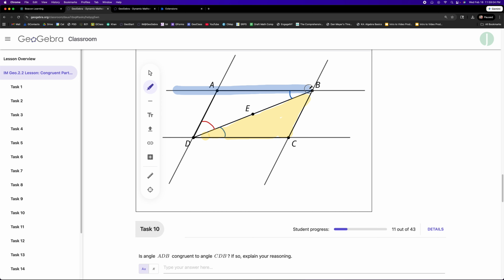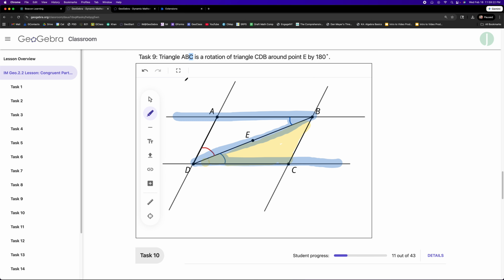Here's our Z. And this is alternate interior angles. Right? This angle here and this angle here are the same. This one and this one match. There's my Z. Okay? And if I go back, right? And then I can make the other Z going the other way.